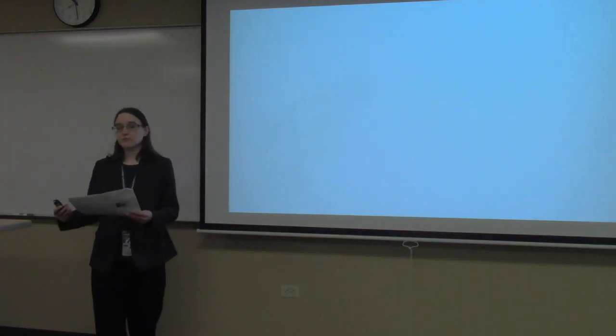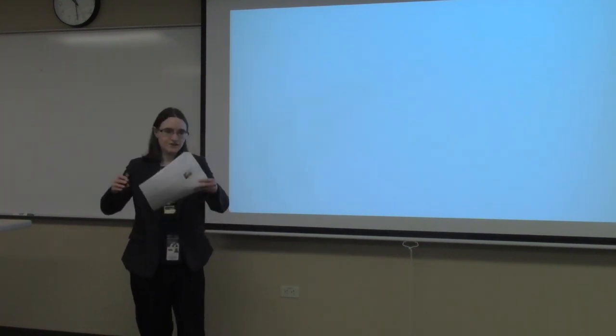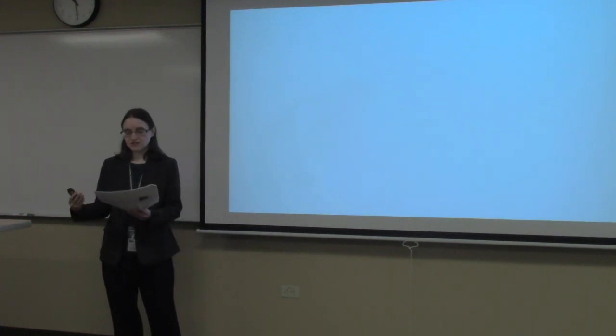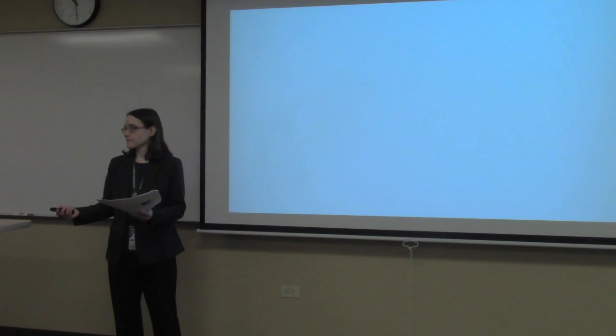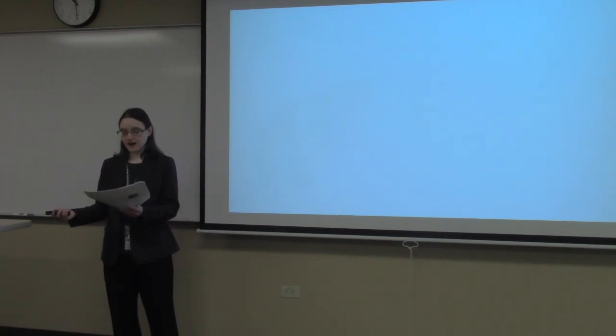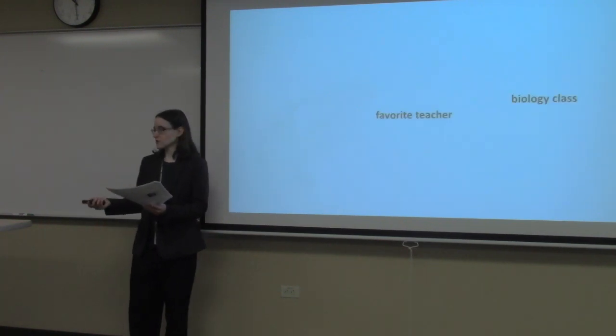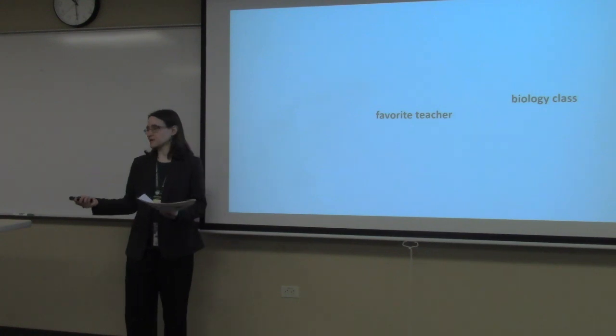Then a fourth way that you might come up with information, if you're more of a visual person, is with mind mapping. We've talked about some ways to generate ideas, and this might be a way of expanding on one, or a visual way of organizing your thoughts that you've had all over the place. For example, if a prompt asks how your teachers have inspired you on your academic path, you might think, my favorite teacher was one for a biology class.